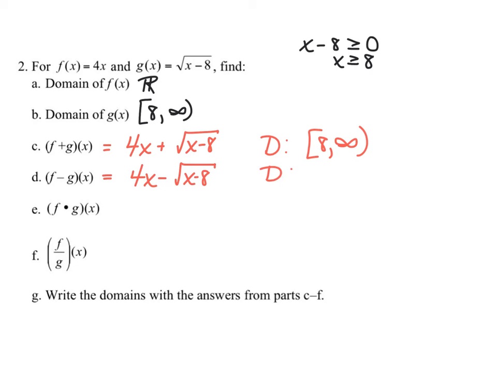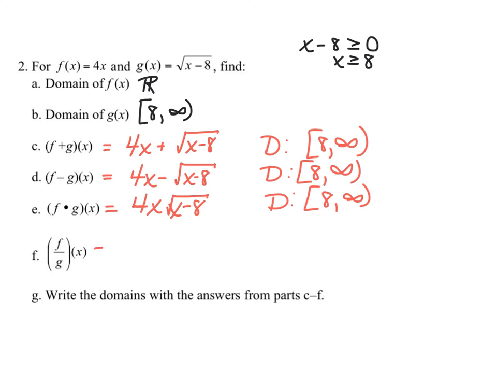Can't really clean that up a whole lot algebraically. So again, 8 to infinity for my domain. Multiplication will be 4x times the square root of x minus 8, and my domain is 8 to infinity.